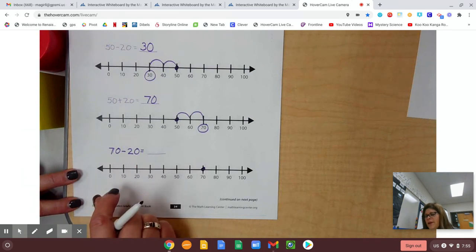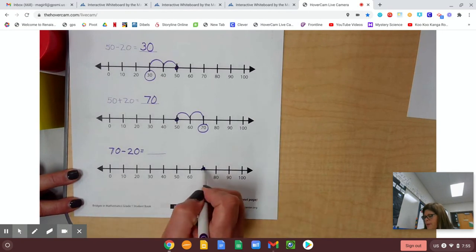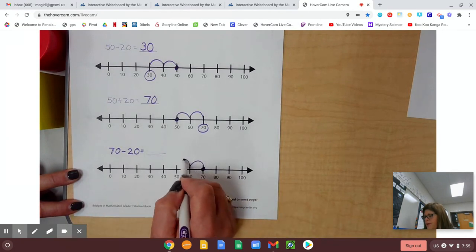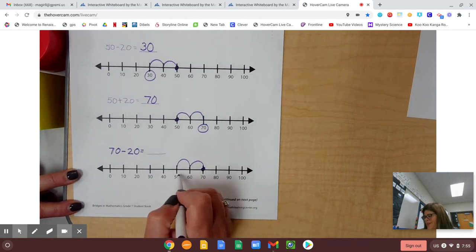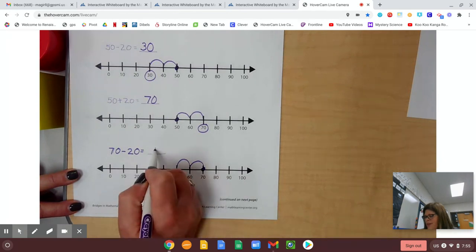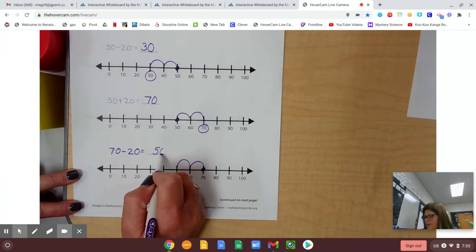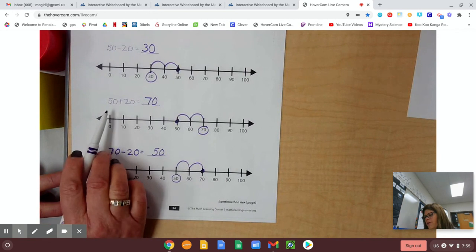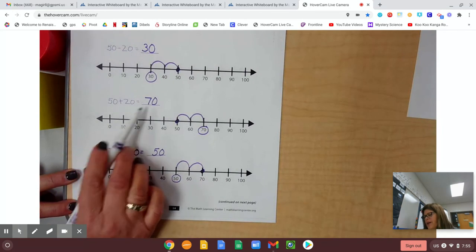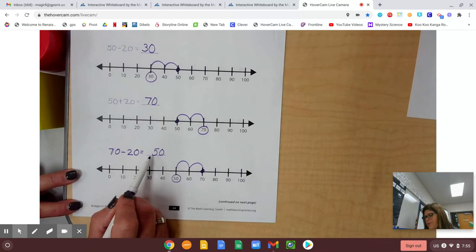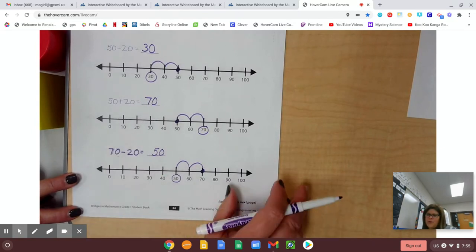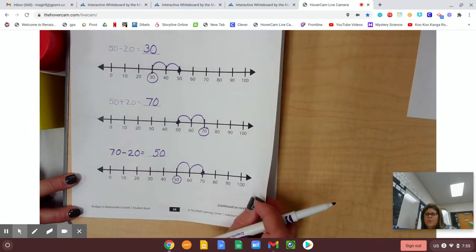If you're taking away, make sure you go backwards 20. You can try it without me. What'd you get? 50. That is right. So look at 50 plus 20 equals 70, and 70 minus 20 equals 50. Very similar. They're related to each other.